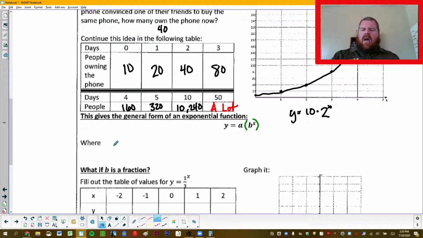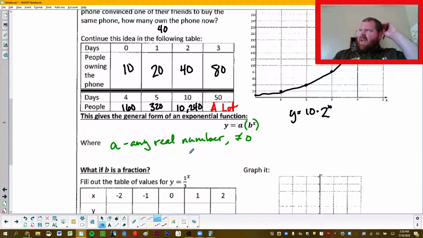And really for this, the regulations are a can be any real number. I'm going to say not equal to 0. If a was 0, then this would be really boring, right? Because 0 times anything is 0. It could even be 1. I know that we had 10 here, but it could be 1.